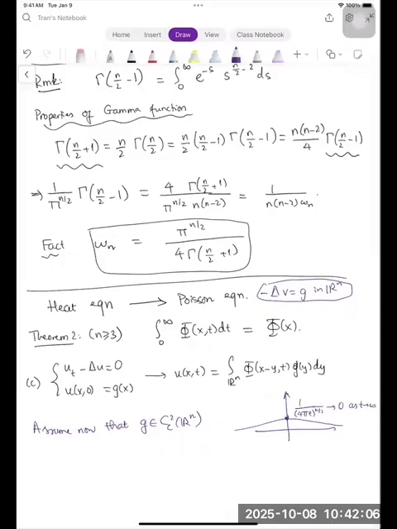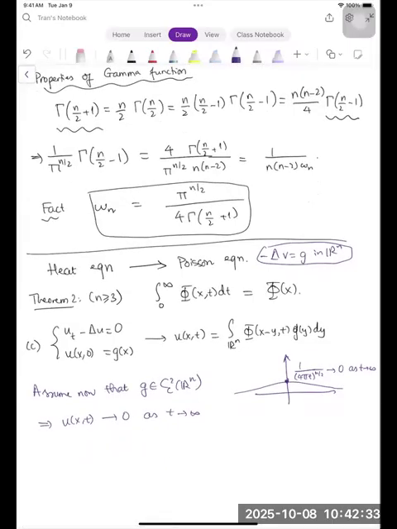And because g is compactly supported, we can see that u(x,t) converges to zero as t goes to infinity. This is natural because you just have some amount of heat. When it diffuses everywhere, as time goes to infinity, it diffuses so much that it essentially goes to zero everywhere.